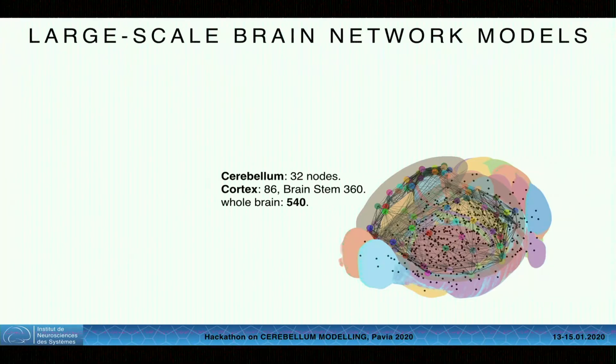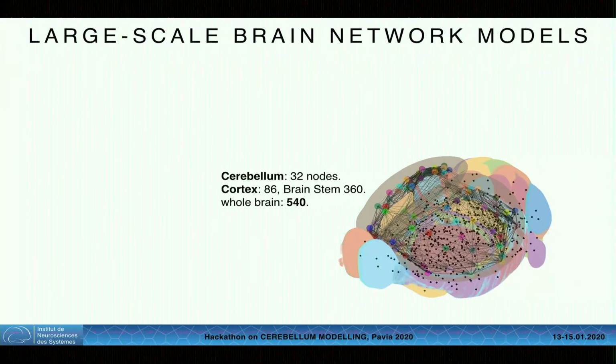And I just had a look here. I knew about the cortex, so we either use the whole brain or the cortex, depending on what is the problem that we are modeling. The cortex has 86 regions, 43 per hemisphere, and the cerebellum has 32 nodes. So it's quite better represented than what we get from MRI imaging.